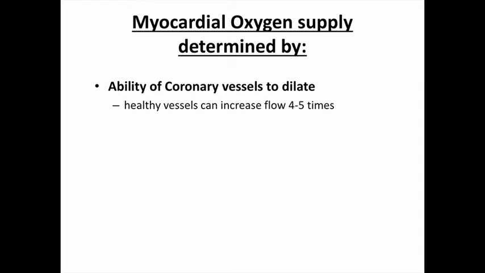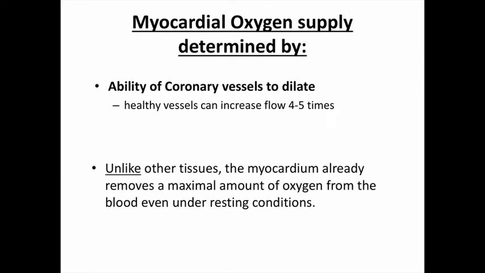But the coronary arteries really are not able to exponentially dilate, right? Healthy coronary arteries can vasodilate, and consequently increase blood flow about 4 to 5 times. But that's the key to that statement: healthy vessels.